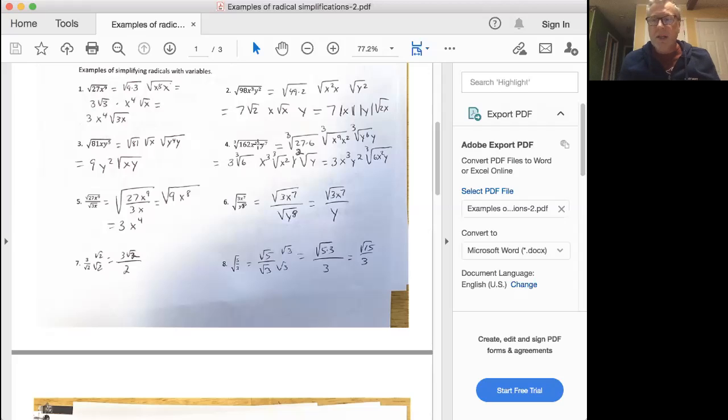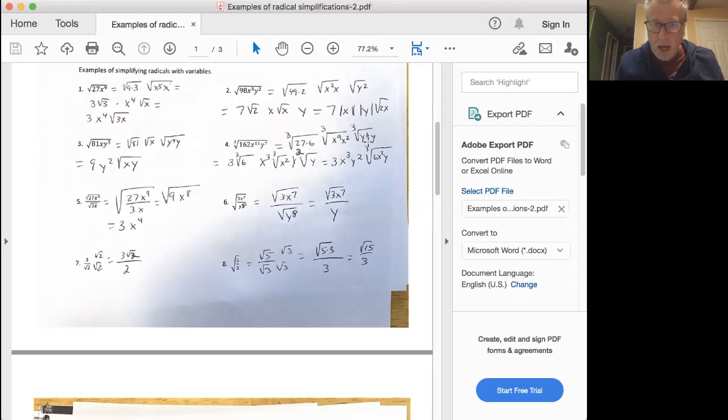What do I have to add to get 11? Well, 9 plus 2. So I write this as x to the 9th times x squared. So that means I divide the index just like we did up here. We divide the index with this 9th power. That gives us x cubed outside of the cube root. So that's where that part comes from. And then the x squared, that's less than the index, that stays in the cube root.